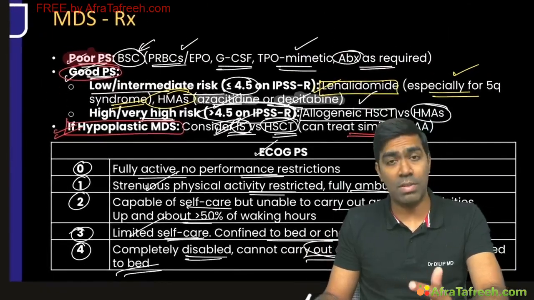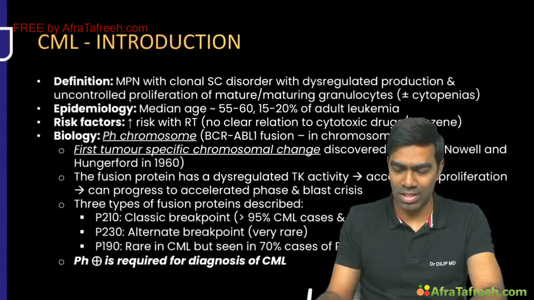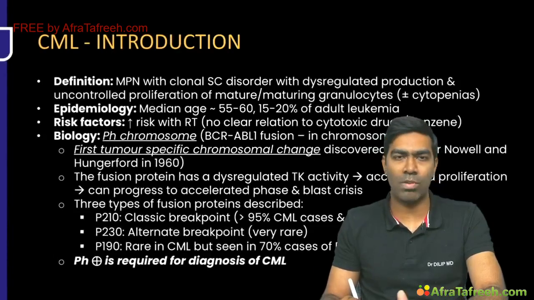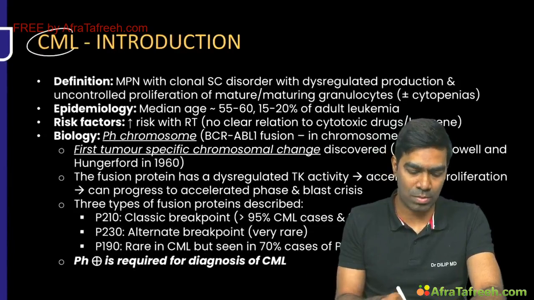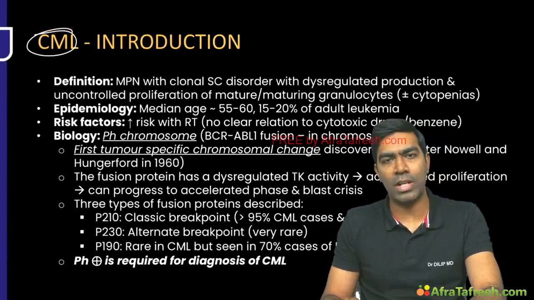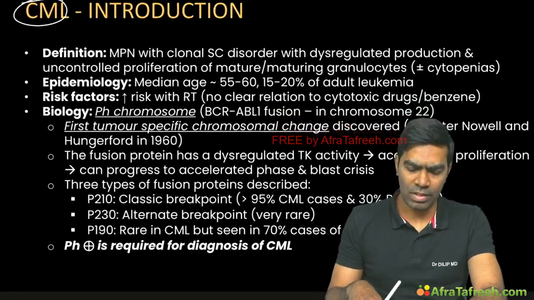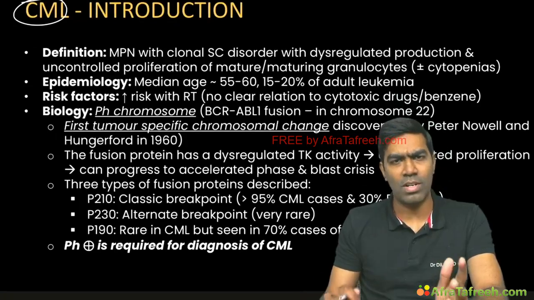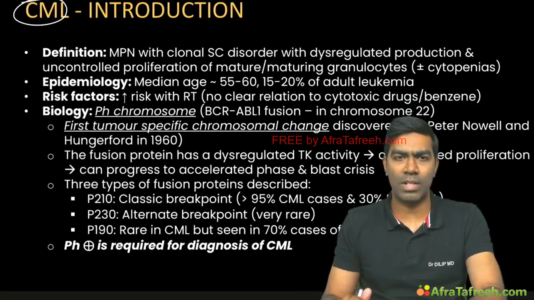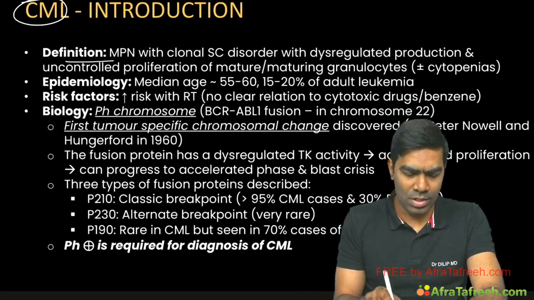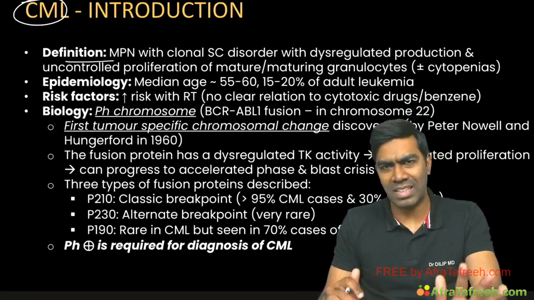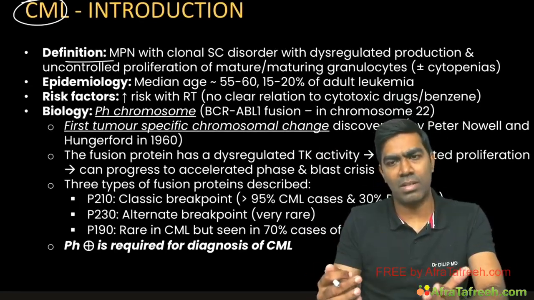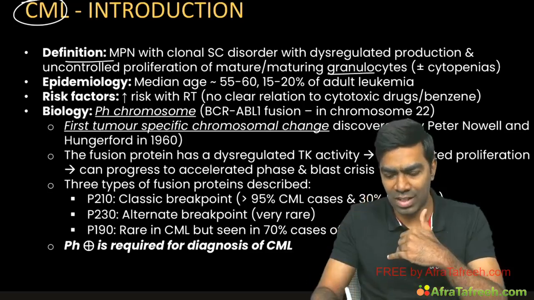Now it's time that we move on to myeloproliferative neoplasms. The most important myeloproliferative neoplasm for the exam is going to be CML, which is nothing but chronic myeloid leukemia. We have already discussed enough about the basic concepts of myeloproliferative neoplasms. Now we have to discuss the definition of CML. CML is nothing but an MPN with proliferation of the granulocyte lineage.